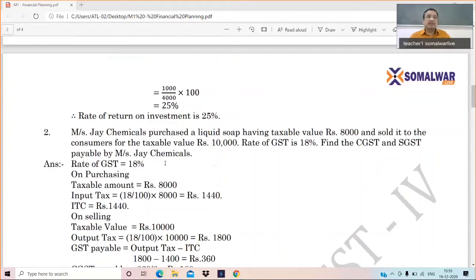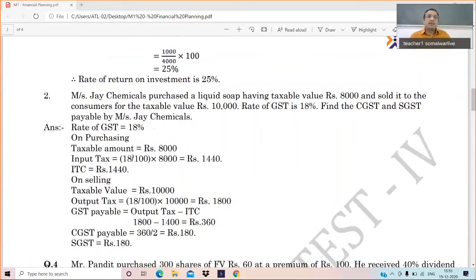Perfection will stay here. Second, Messrs. J Chemicals purchased a liquid soap having taxable value rupees 8,000. Here it is taxable value, meaning after deduction of all the discount or whatever it will be, and sold it to the consumers for the taxable value rupees 10,000.